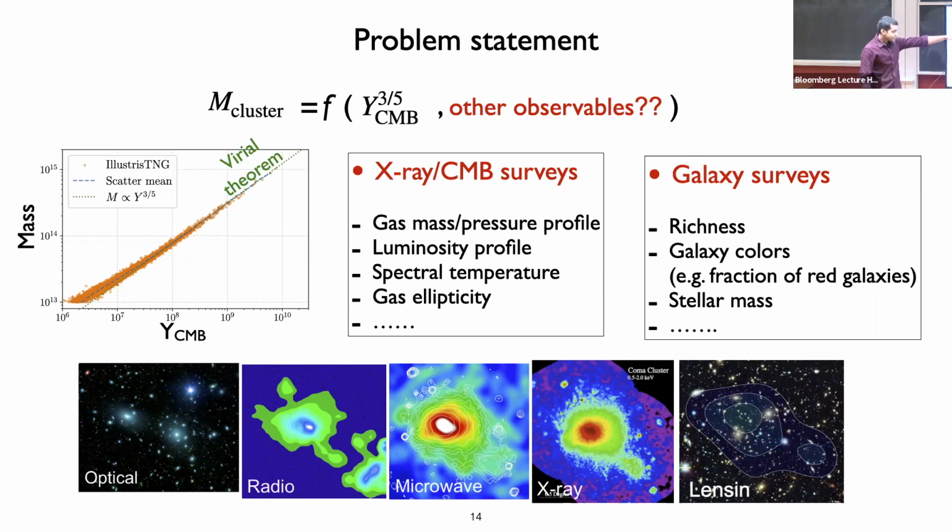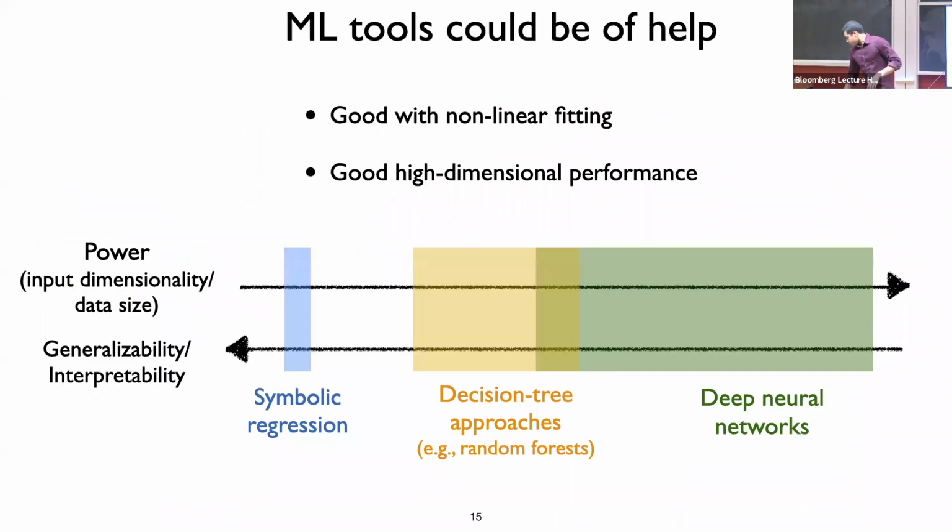You have different parameters for clusters measured in different surveys, but you don't know which of them are important or how to combine them. One thing you could do is the same manual data analysis, making a lot of 2D plots and trying to see which are important and how to combine them. But for problems like these, machine learning tools can be of help.